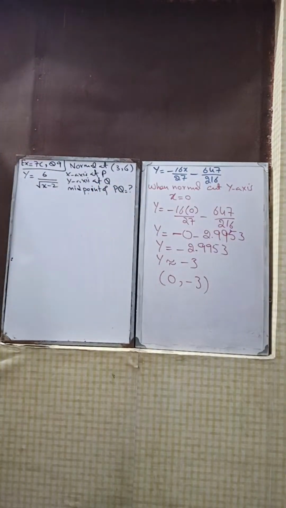So listen carefully. We are going to make sure that each and every symbol and sign is perfectly correct. This is question number 9 from exercise 7C, pure mathematics 1.